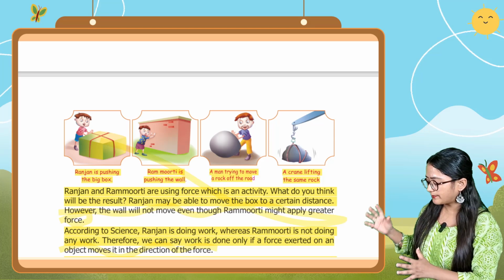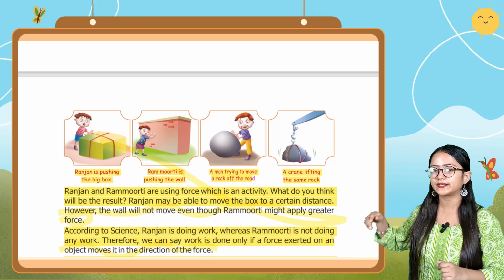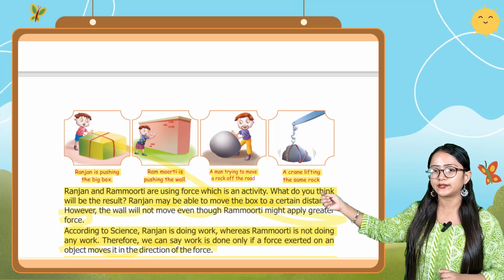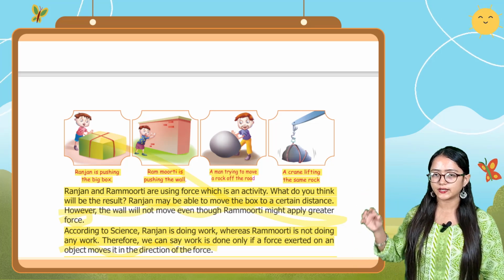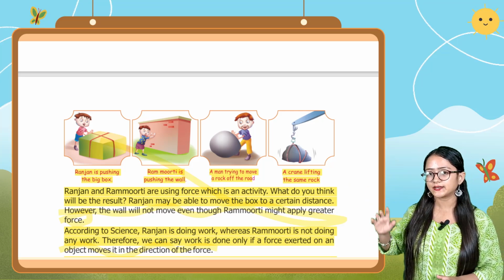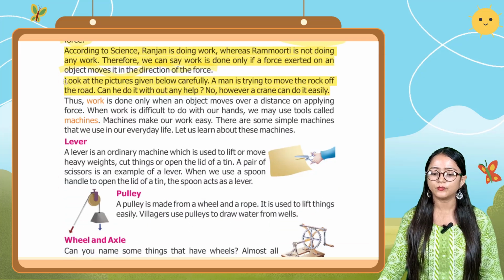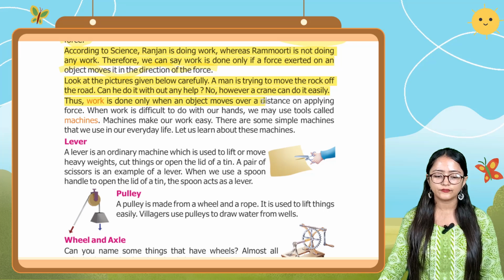Because the man's strength is not enough to pull that rock, whereas the crane, that mechanical equipment, that machine, can easily lift that rock. So that means work is done in the crane case, whereas in the man's case it is not. Work is done only when an object moves over a distance on applying force.